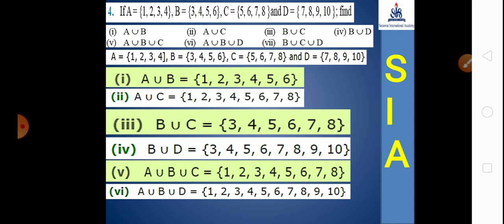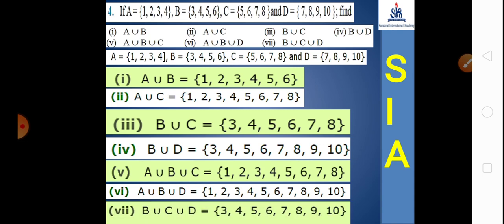And sixth one, A union B union D. It means you look at set A, set B and set D, and all elements without repetitions. So your answer is ready here. And last one, seventh, B union C union D. It means I look at the B set, C set and D set. So my answer is ready, 3 to 10. So this question is worth 3 marks. Continue.